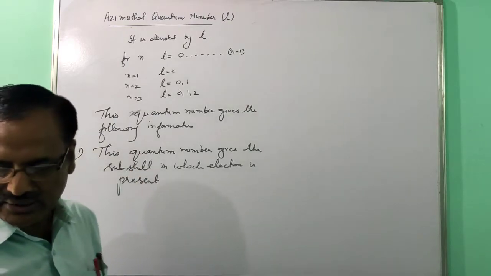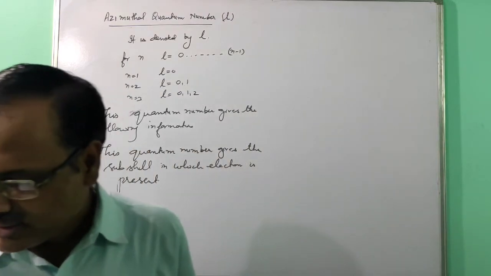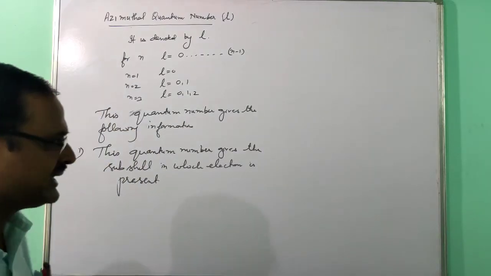Subcell means s, p, d, f. This quantum number gives you the subcell in which the electron is present.